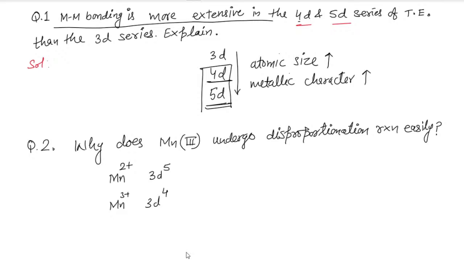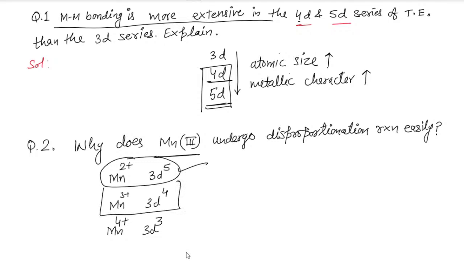And what about Mn4+? It is 3d3. In aqueous solution, Mn2+ is more stable than Mn3+, because it is exactly half filled configuration.